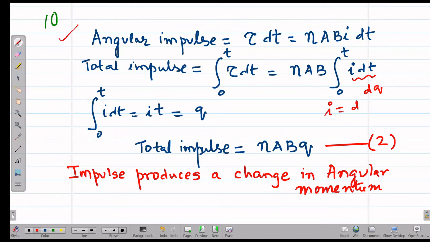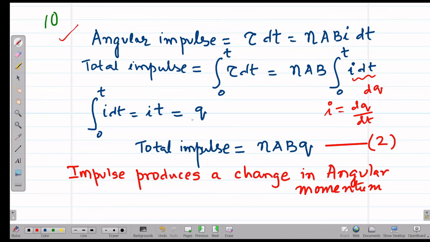Current is nothing but rate of flow of charge, dq by dt. Therefore, i into dt will be dq. So basically, in this time from 0 to t, when this current small i flows, it is equivalent to telling that integral 0 to t i dt is nothing but the charge q that flows through the coil. So another way to understand is, you can take i out of this integral. Integral dt is t. i into t is nothing but q.